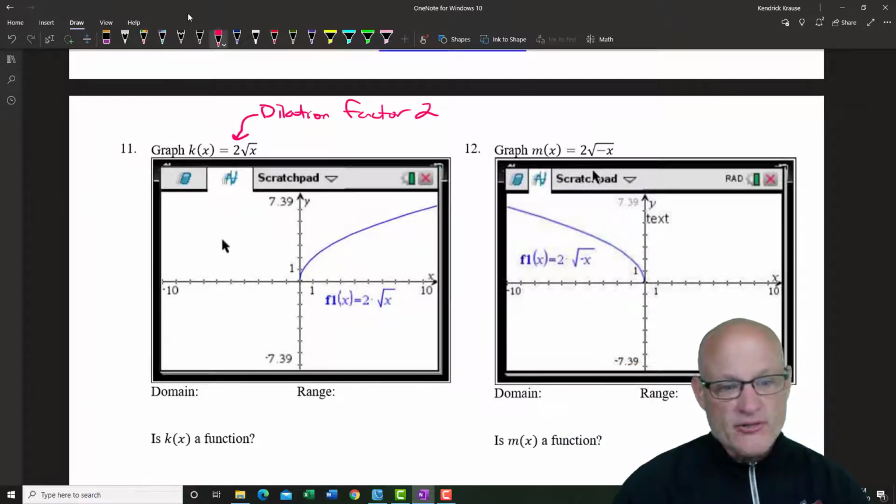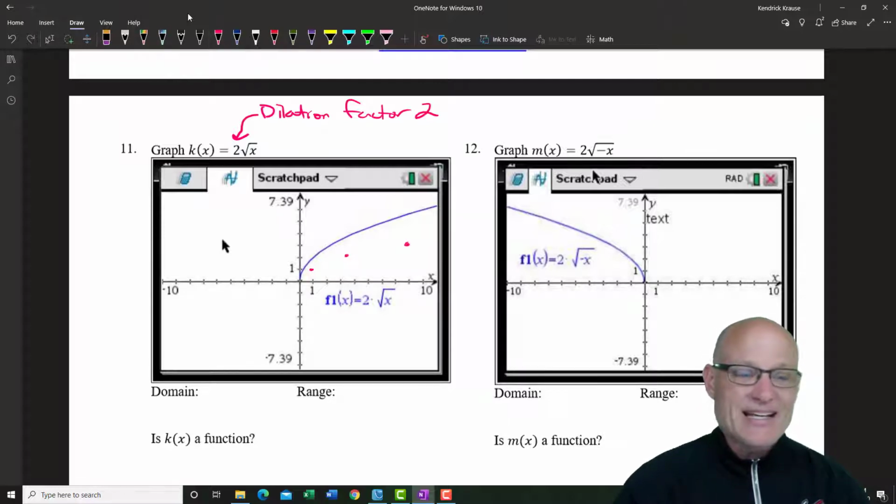So you'll notice that normally I would put in 1, right? If this wasn't here, the square root of 1 would be 1. The square root of 4 would be 2. The square root of 9 would be 3. But what are we doing to these? We're dilating it by a factor of 2. In other words, you're just multiplying by 2. So it normally would be 1, but now it's 2.